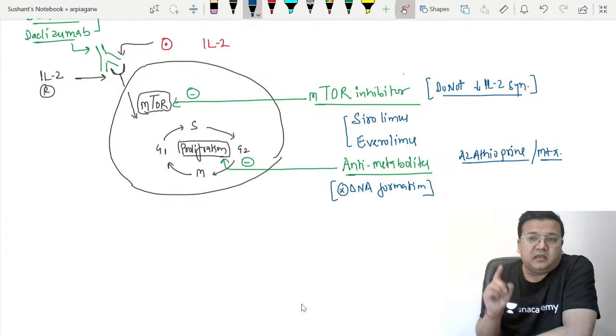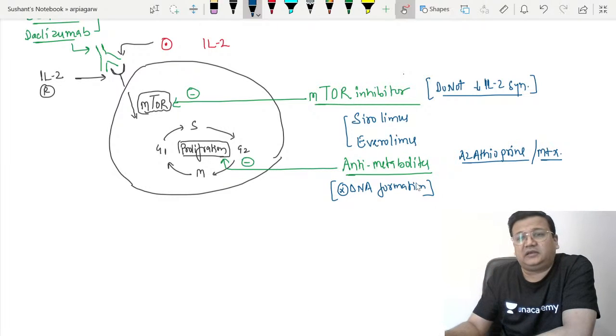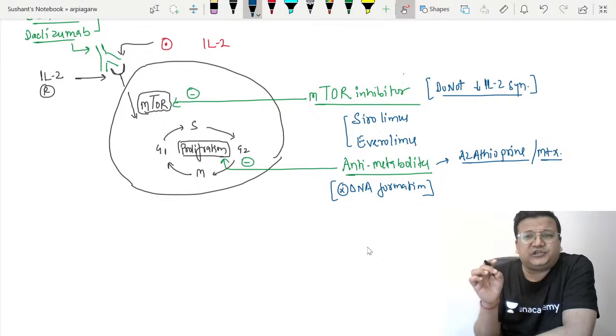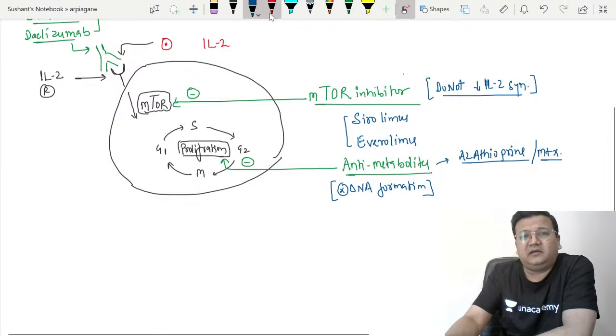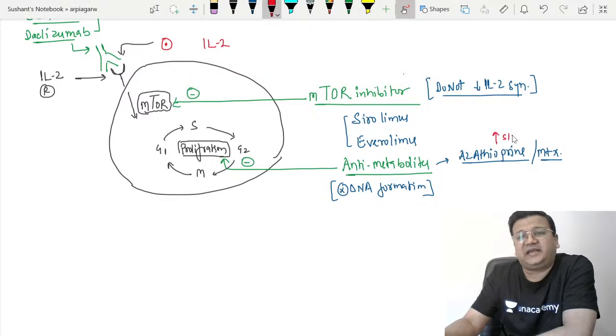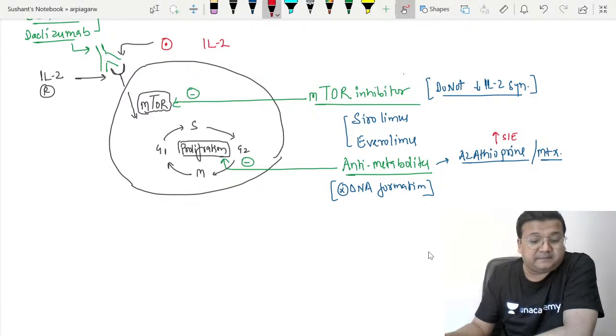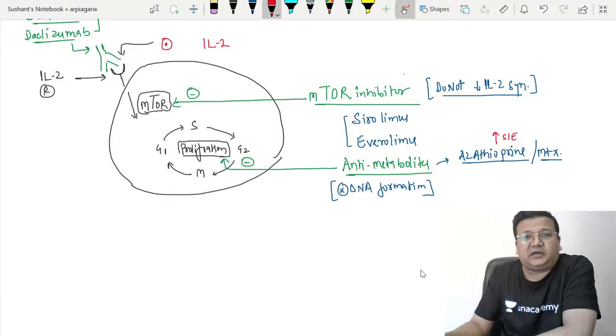But tell me, when you start thinking of such drugs, azathioprine and methotrexate, which side effect comes to your mind? Which side effect are you worried about when you start using drugs like azathioprine or methotrexate? Liver dysfunction, okay. Bone marrow suppression, that is the correct answer.